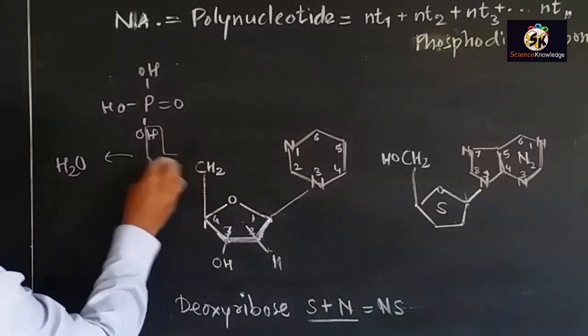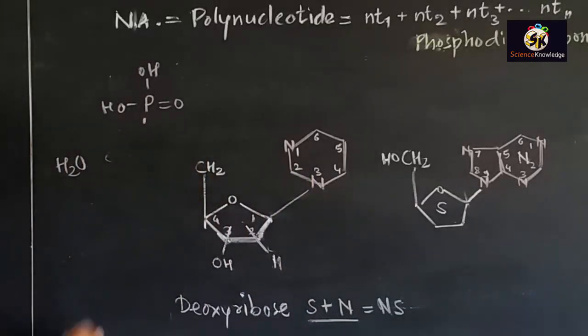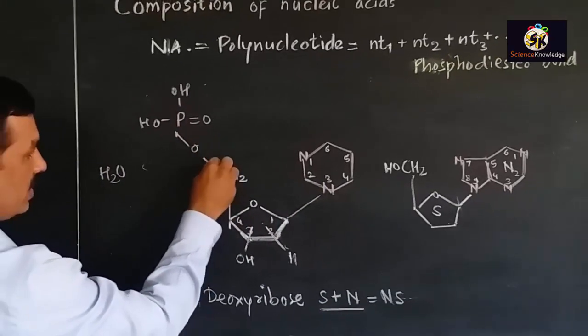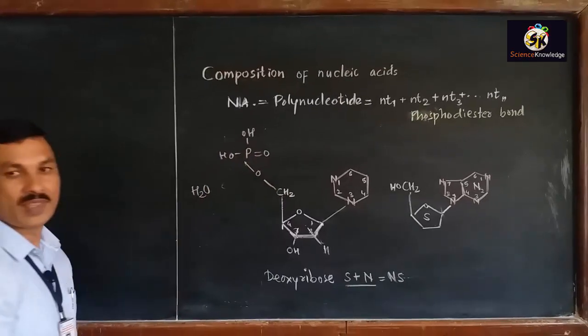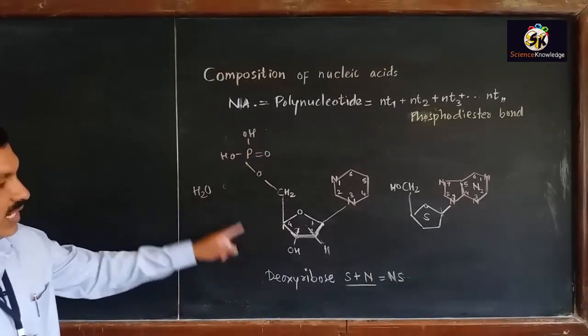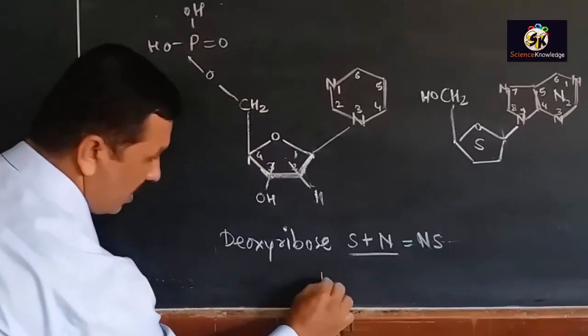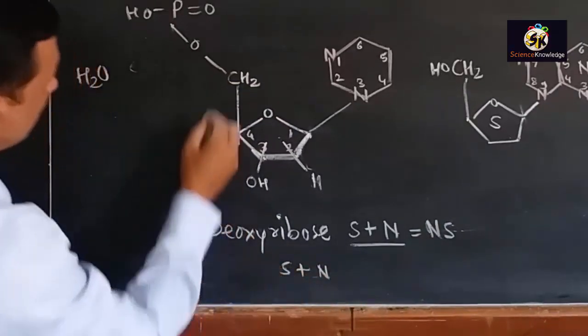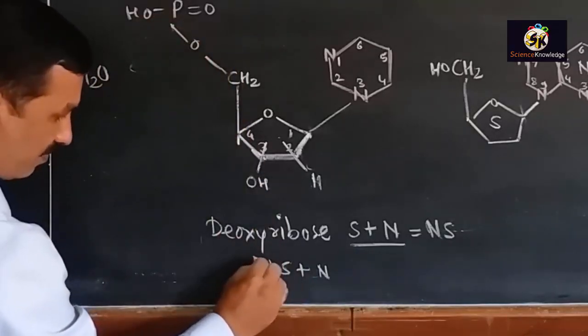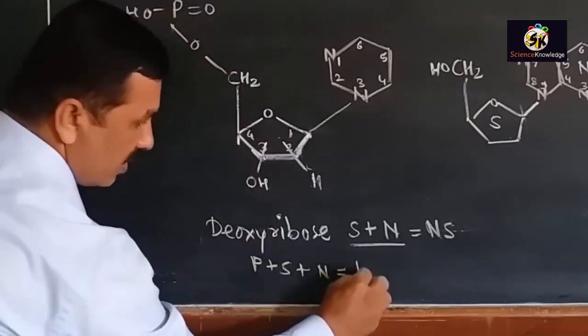So here the carbon will link with phosphate having oxygen in between. In this way we have nucleoside, nitrogen base plus sugar plus phosphate, and this will become a nucleotide.